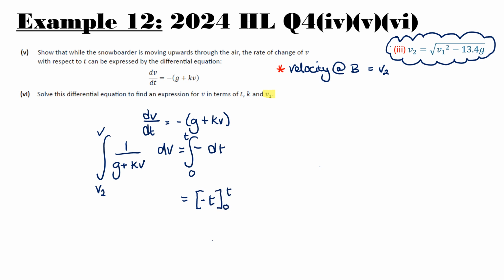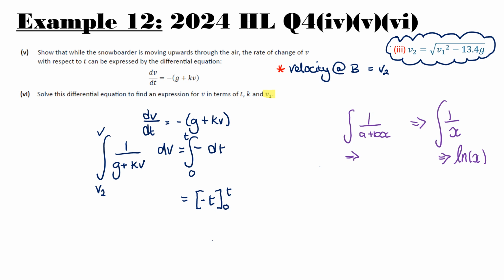The left-hand side is something in the form of 1 over a plus bx, which is just a version of 1 over x. Remember, if we have 1 over x, it's going to integrate to ln x. If we have something a little bit more complicated, remember the ways to look out for this: there's always a constant on top. It doesn't have to be 1, and it'll always be a little linear function underneath, so it'll be to the power of 1.